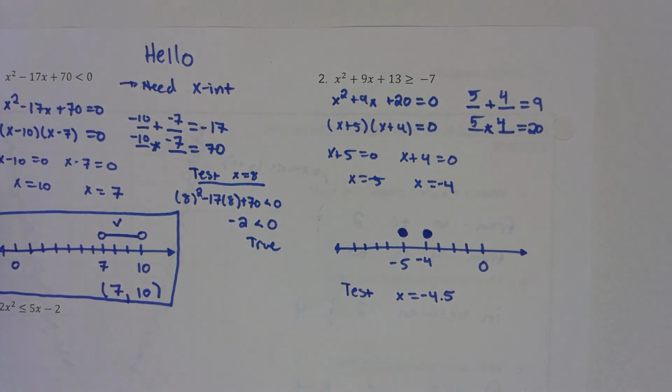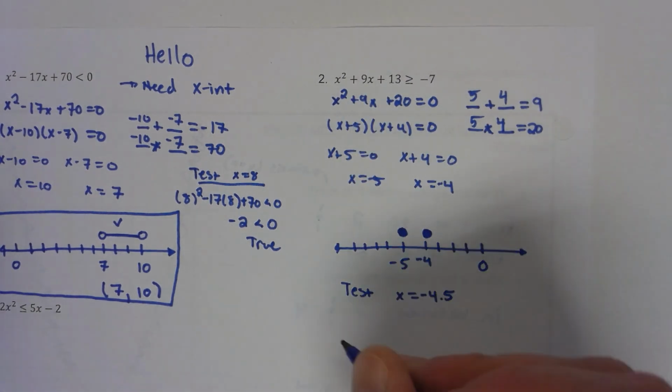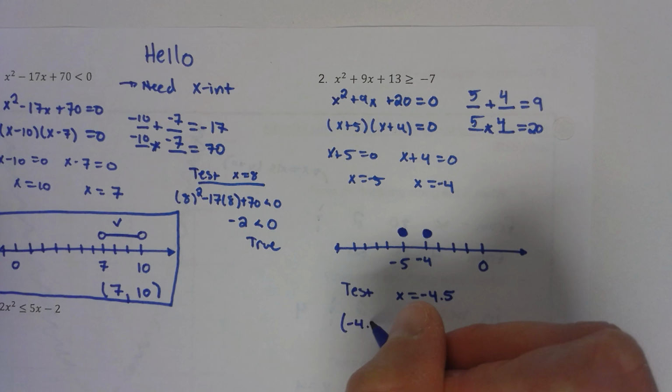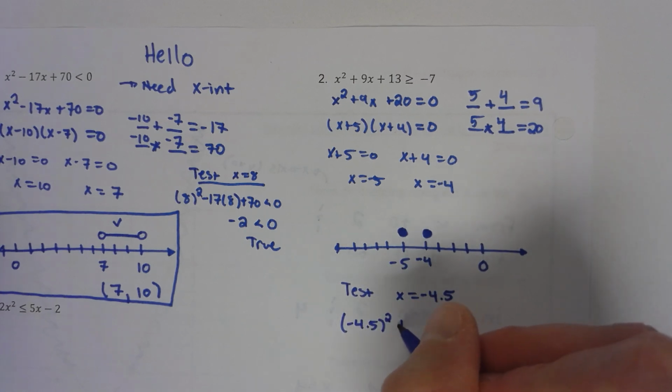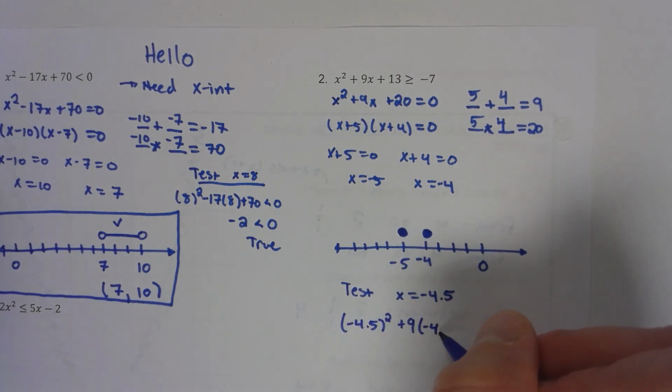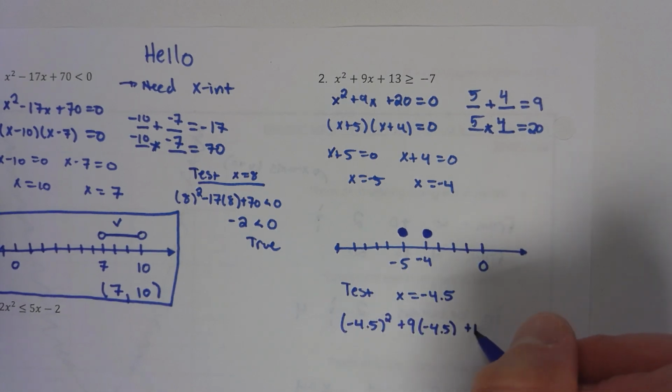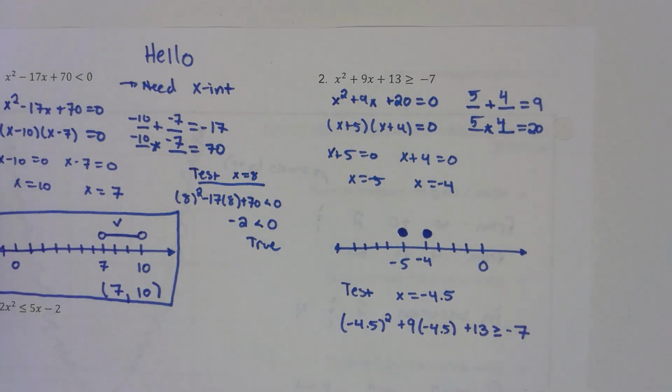So I'm going to plug negative 4.5 back into the original inequality. So right back to where I started. So negative 4.5 squared plus 9 times negative 4.5 plus 13. And we're checking to see, is that greater than or equal to negative 7?